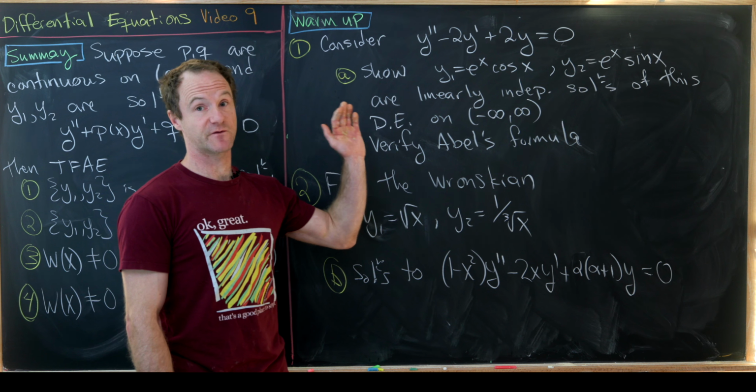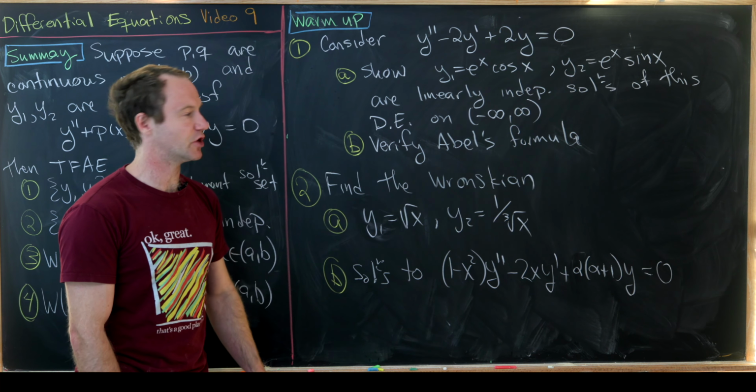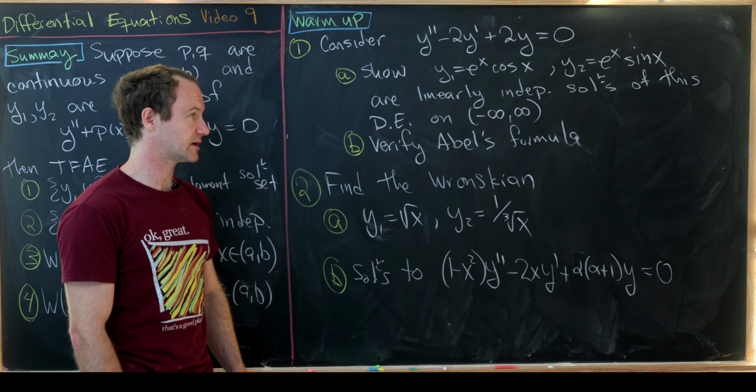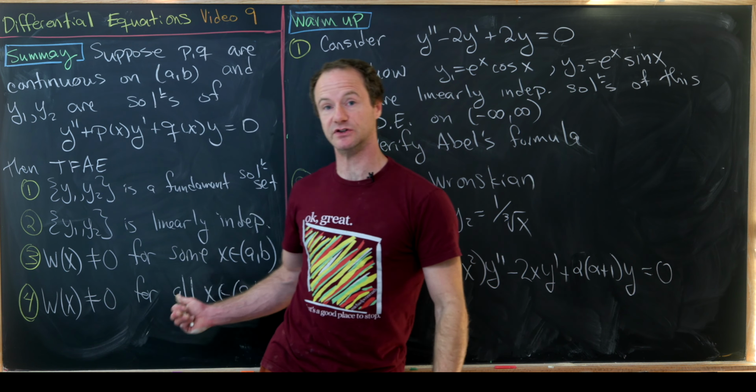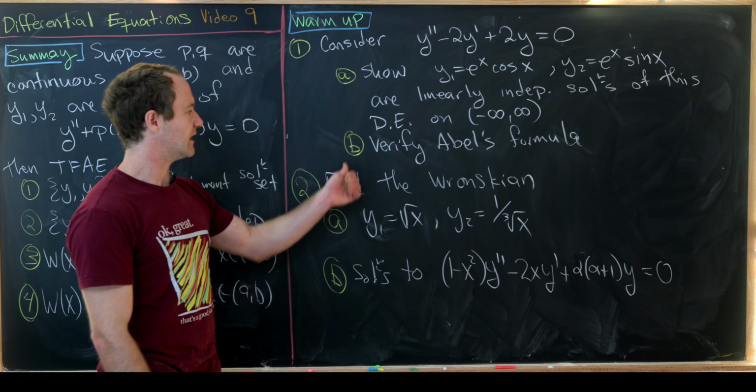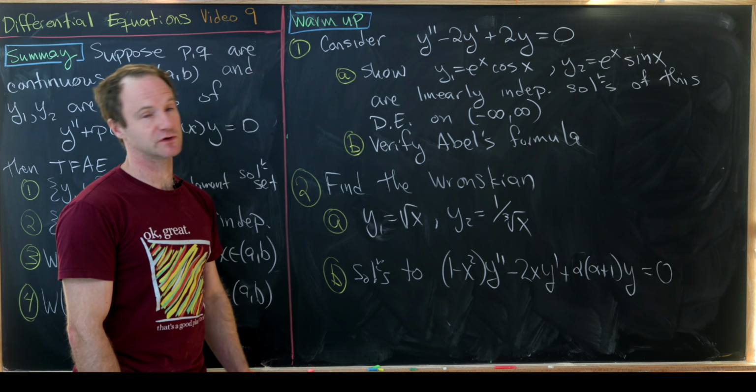So we need to first check that they're solutions and then show that they are linearly independent using your strategies for showing things are linearly independent. I would do something like this over here. Then for B, verify Abel's formula.